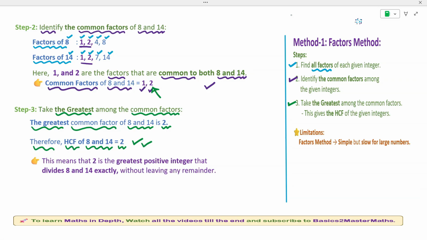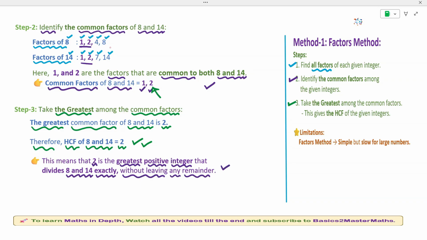This means that 2 is the greatest positive integer that divides 8 and 14 exactly without leaving any remainder. Got it?